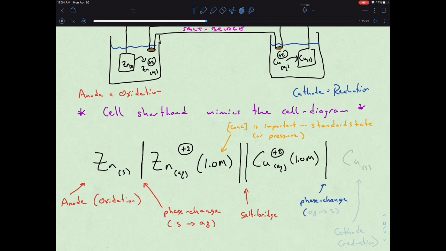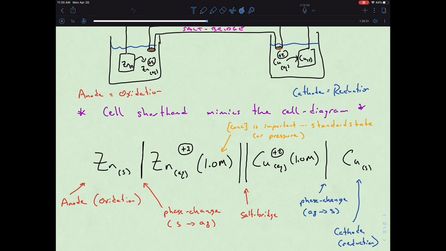Here we're going from the aqueous to the solid state, and then we have our copper solid, and that is our electrode, specifically the cathode, or that site of reduction.